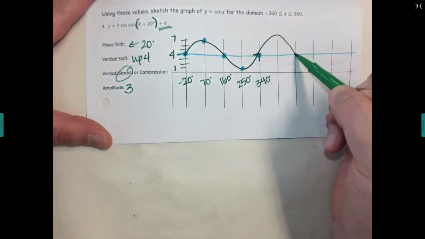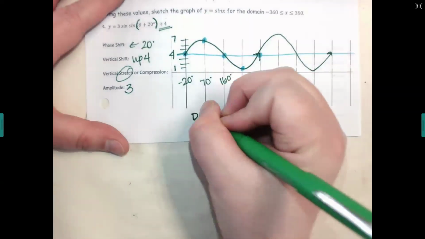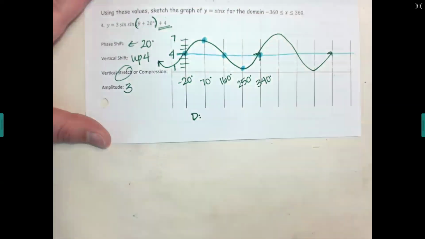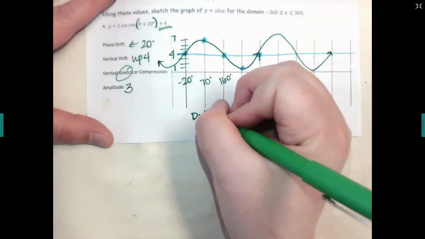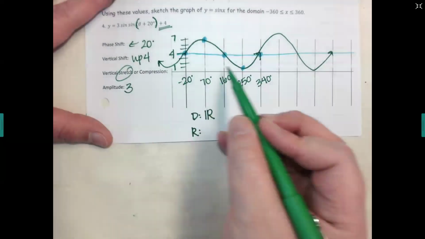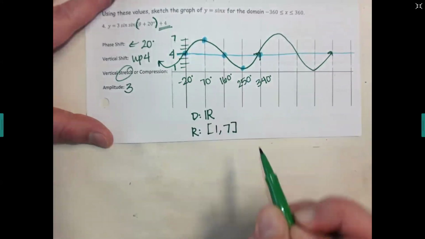Okay, and then if you want to do it again, you can. Okay, the domain for this one would be left and right. What is it? All real numbers is correct. But then for your range, what's my low point this time? 1, and my high point is 7. So it'd be 1 to 7. Good?